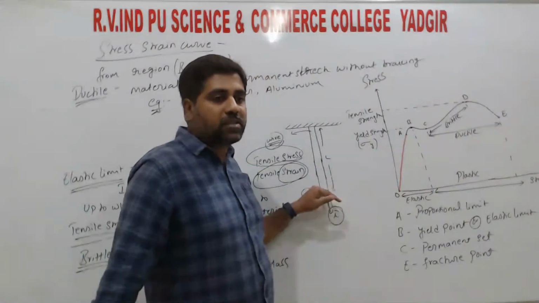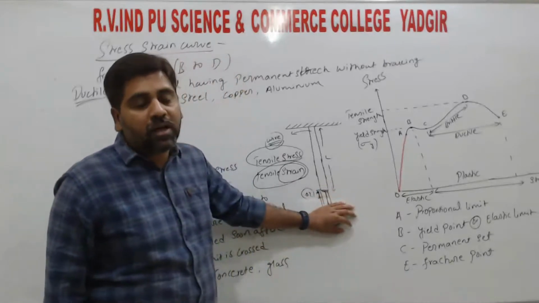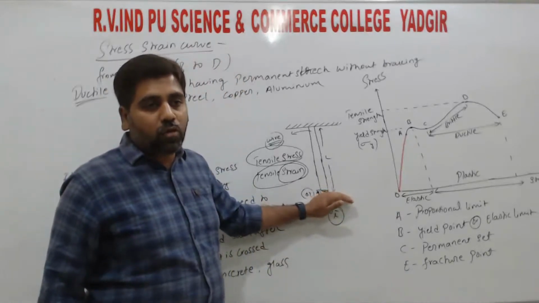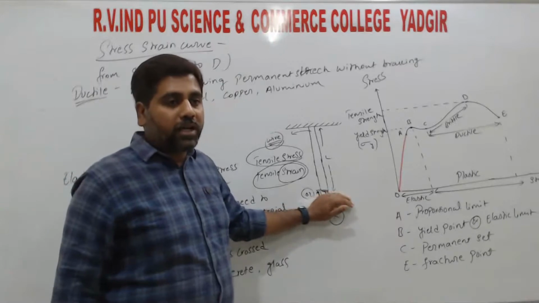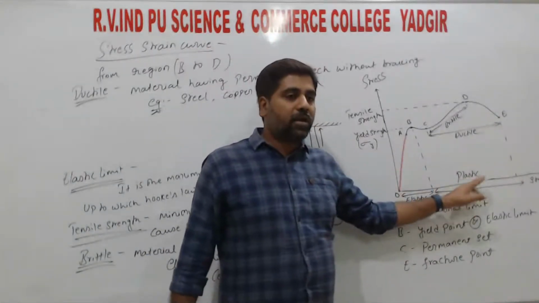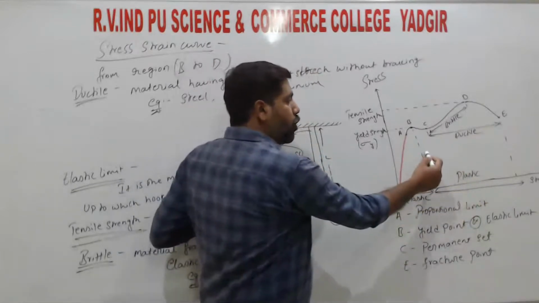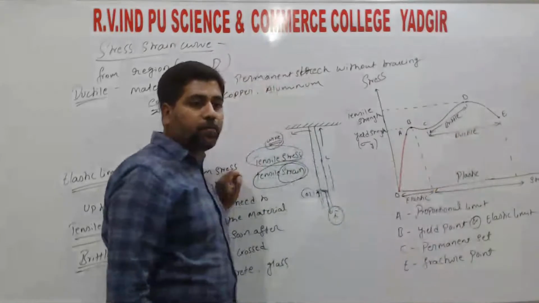That means stress is not directly proportional to the strain. So it does not go back to its original configuration. Such a property we call plastic or plasticity, right? So this region from point B to E behaves as plastic in nature.